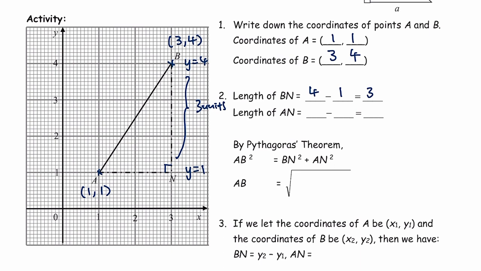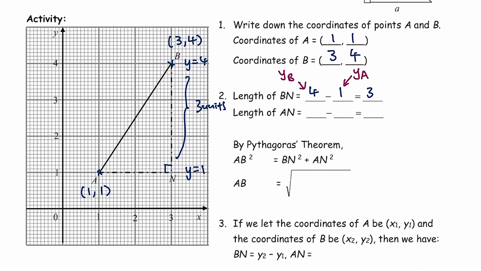So essentially, this 4 came from the y coordinate of B, and this 1 came from the y coordinate of A, which is also the y coordinate of N, but N is just a point to help us use Pythagoras theorem, but we are more interested in points A and B, so we're just going to put it as the y coordinate of point A.